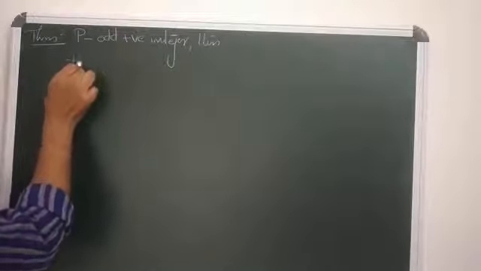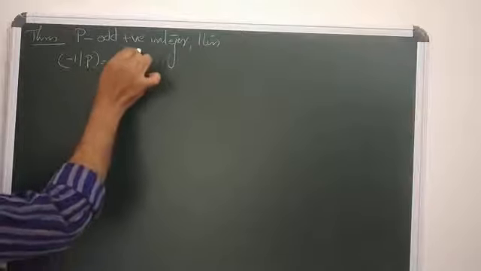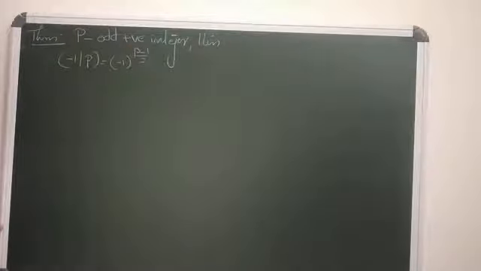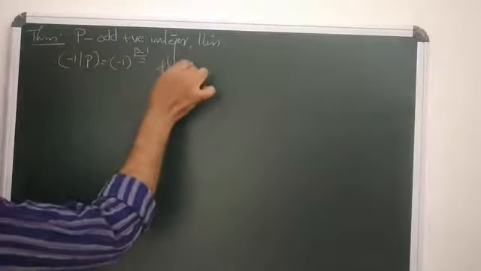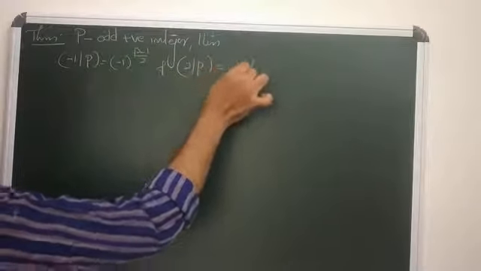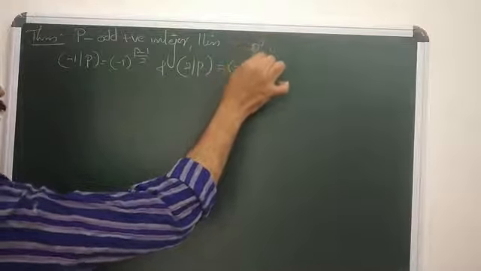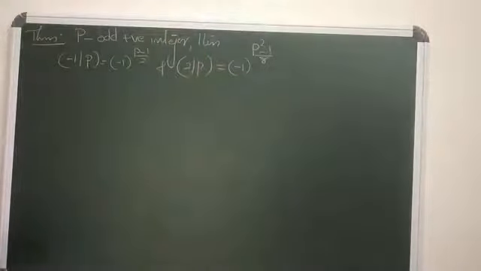Here the evaluation is minus 1 by p equals minus 1 to the power p minus 1 by 2, and 2 by p equals minus 1 to the power p square minus 1 by 8, where this p is an odd positive integer.